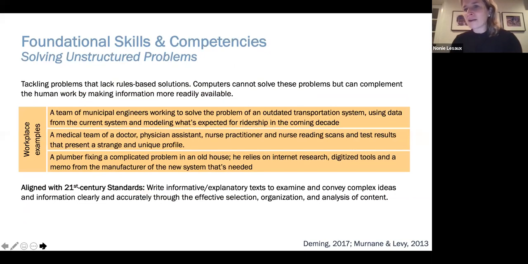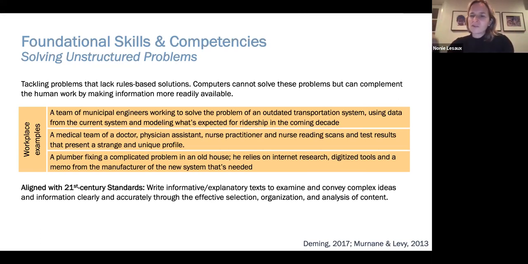So if we unpack for just a moment this notion of solving unstructured problems, right? There are teams every day working in our large cities thinking about the design of transportation systems that need big data, but that also need to do lots of data modeling, and then also need to come up with lots of different proposals for solutions where there is no one single optimal solution, but rather likely many that are going to demand discussion of trade-offs.